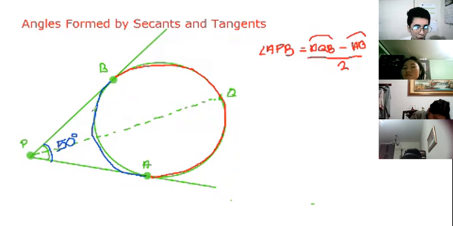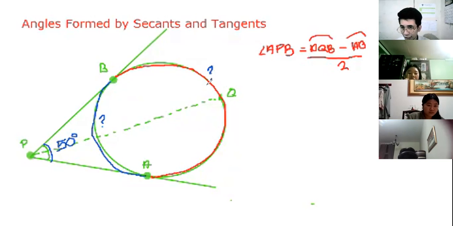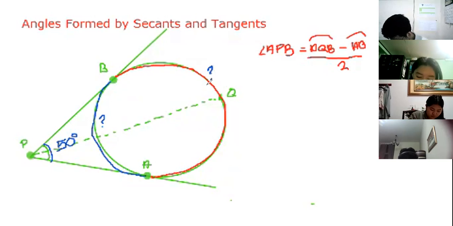So, what is the measure of arc BA, and arc BAQB? So, dalawa, diba? Isa lang yung given, 50 degrees, pero ang measure naman nila is hindi nawawala.